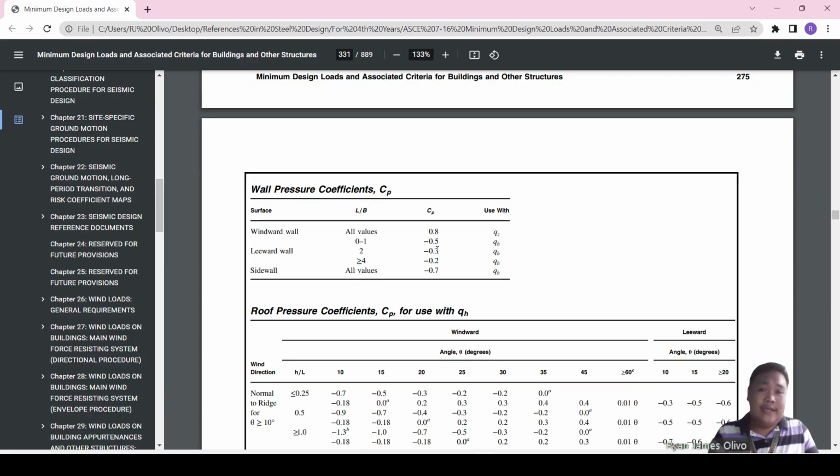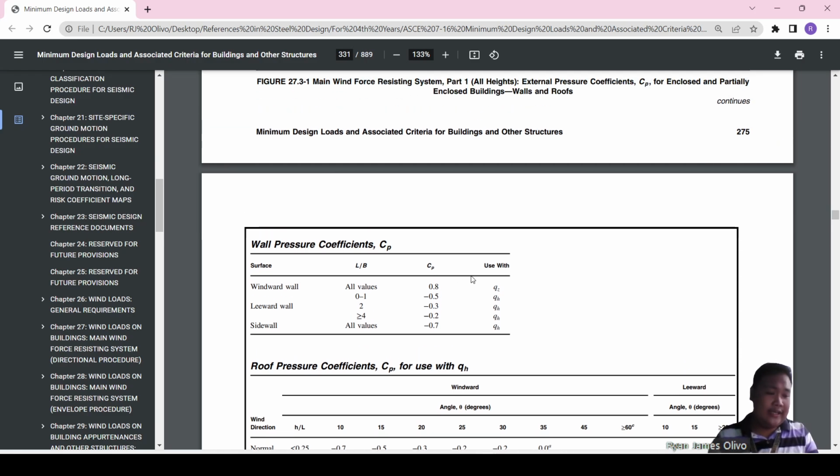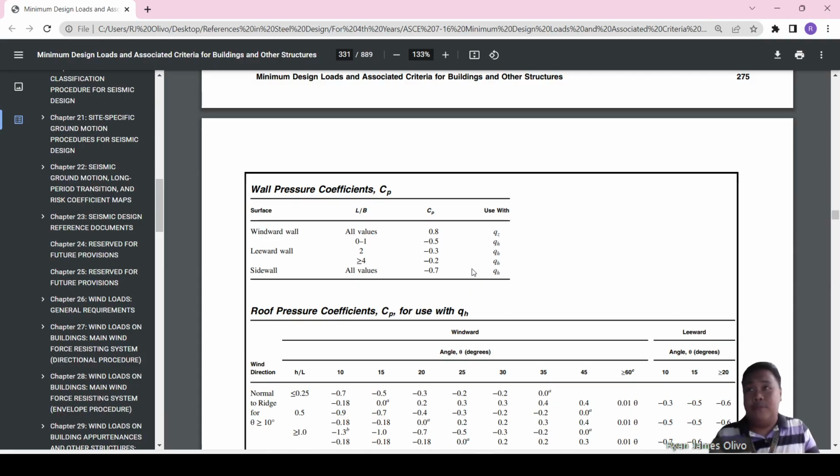The leeward wall is negative, which means this is what we call suction. Mostly in wind loading, most of the structure is under suction. It means the elements of the structure are blowing away from the building, so if the wind is blowing, most of the elements of the MWFRS are blowing away.